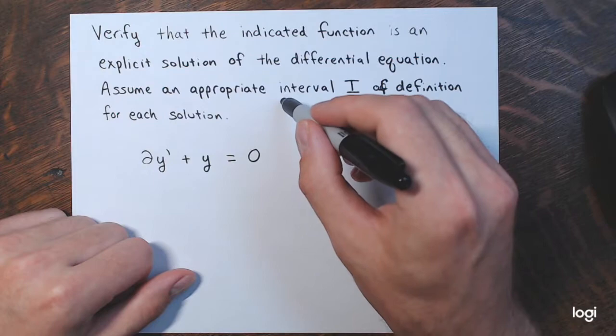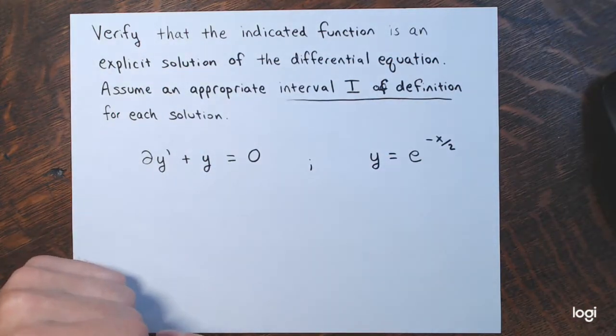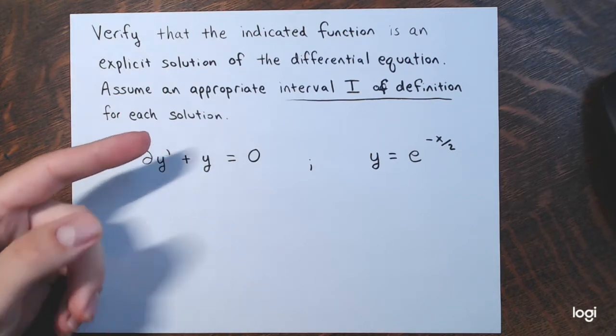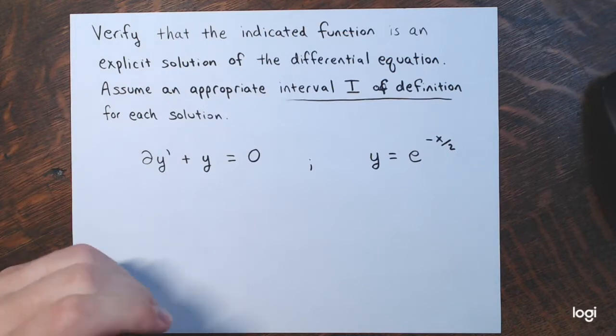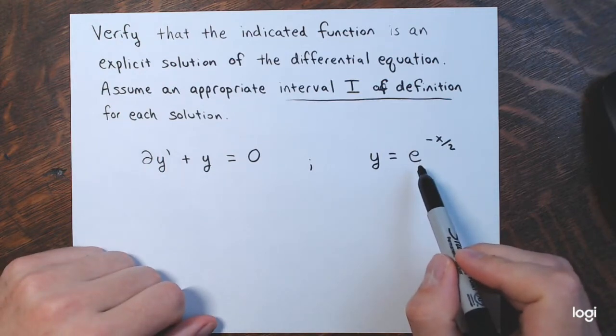Remember, the interval of definition for a solution is any interval on which the solution is defined and also differentiable. It's an interval for which the solution is defined and is also differentiable.